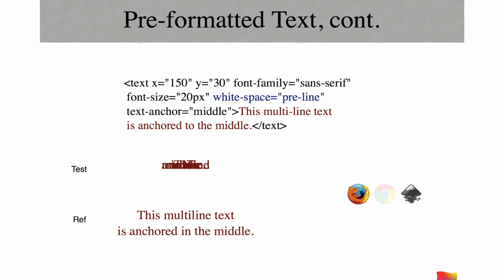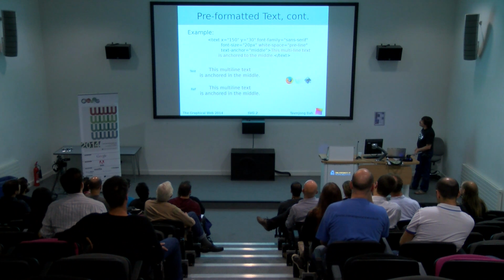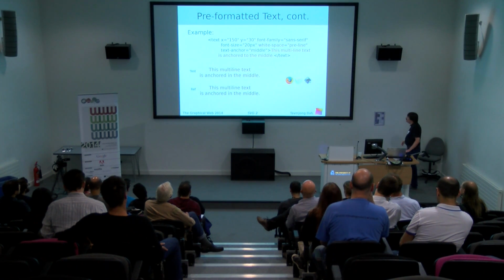So here's an example where I've used preserve-line. And you can see in the SVG that the text is broken and it's preserved in the browser. So this is already supported by Firefox and kind of supported in Inkscape.